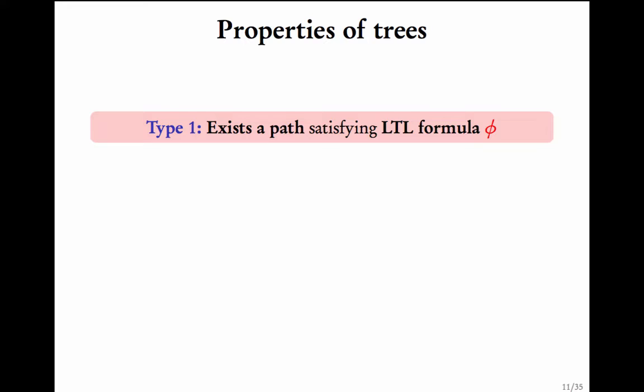If you had noticed, in the last 4 examples, we were saying that there exists a path satisfying some LTL formula phi. An LTL formula gives you a property over paths. And for trees, the first type of property that we want to talk about is: there exists a path satisfying an LTL formula phi.